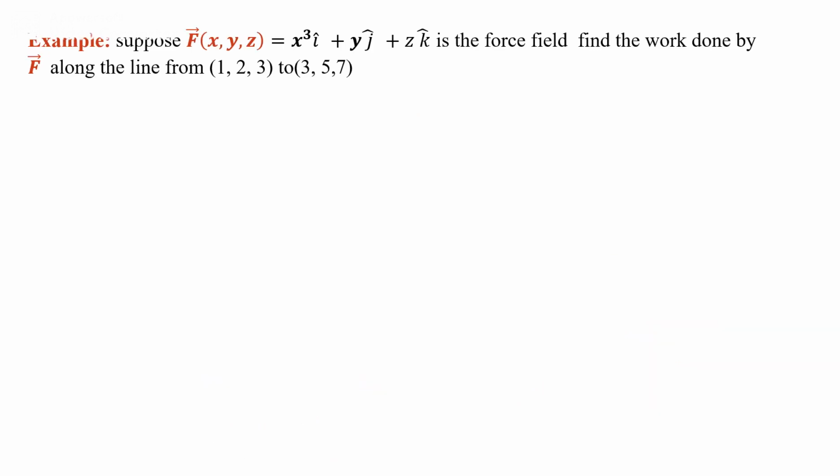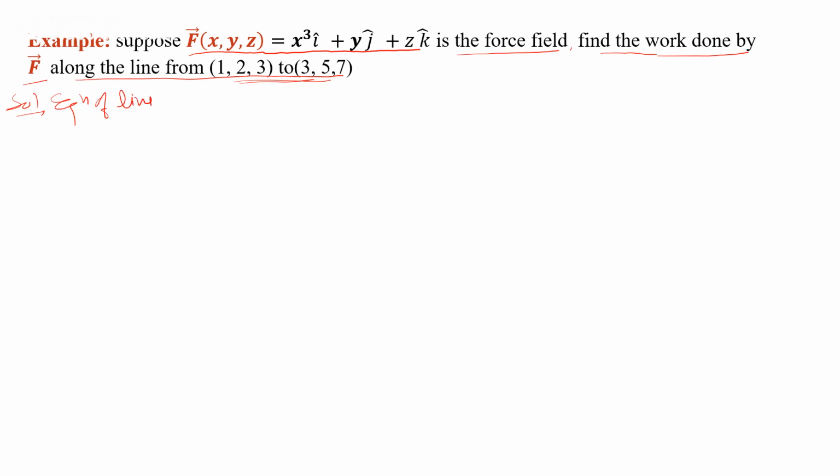Now take an example. Suppose we have a force field f equal to x cube i plus y j plus z k, and we have to find the work done by the force f along the line which is passing through those points. First we have to write the equation of the line in 3D.